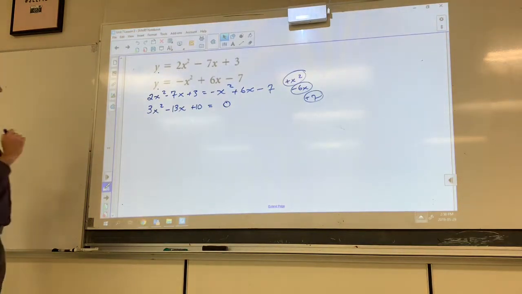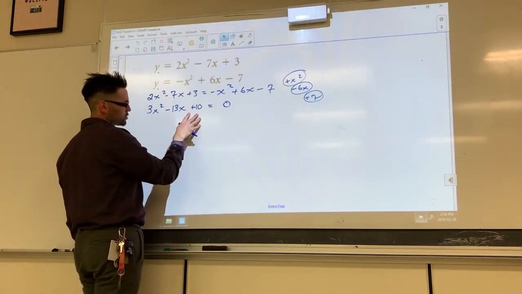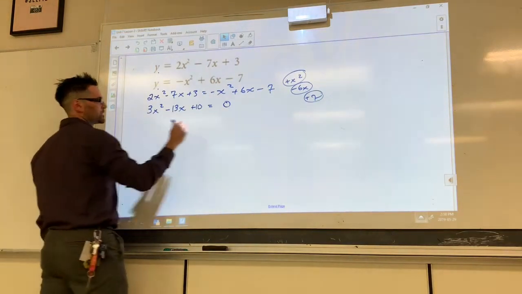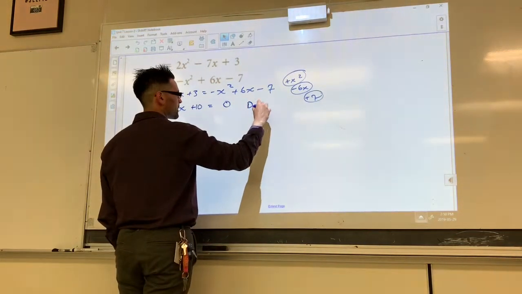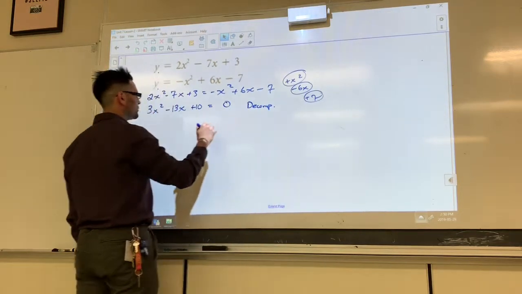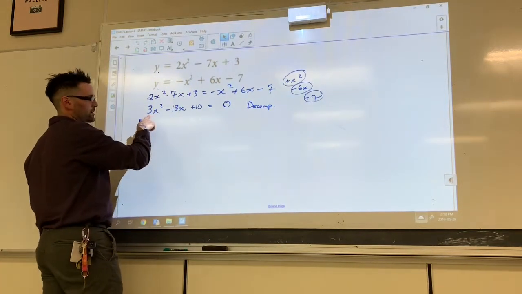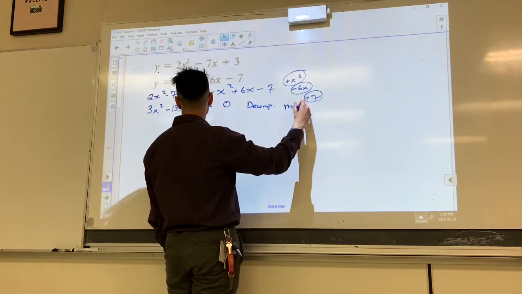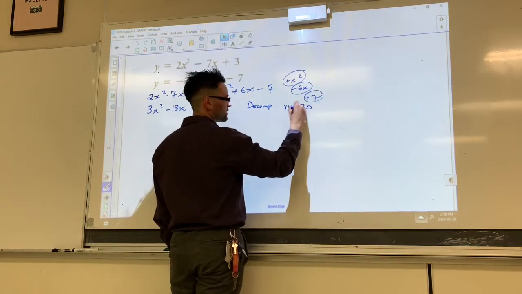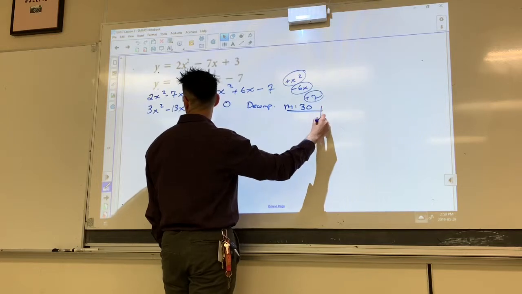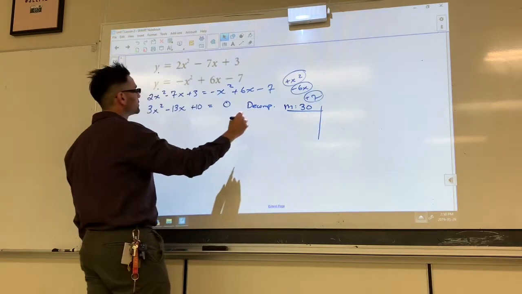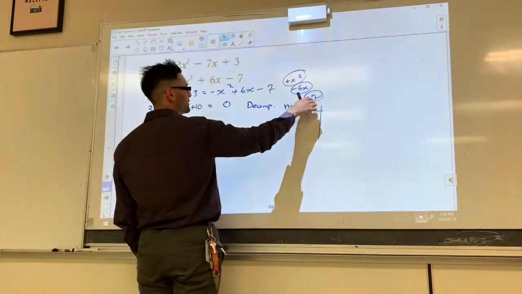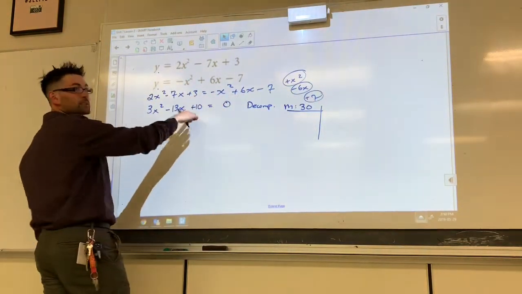Excellent. So if you got a greatest common factor, you could divide it out. We don't. So we're just going to do a decomposition, where our A term is 3 and our C term is 10. So we need to multiply to A times C. Negative 10 and negative 3, because we added 7 to get rid of the negative, so it's definitely 10.